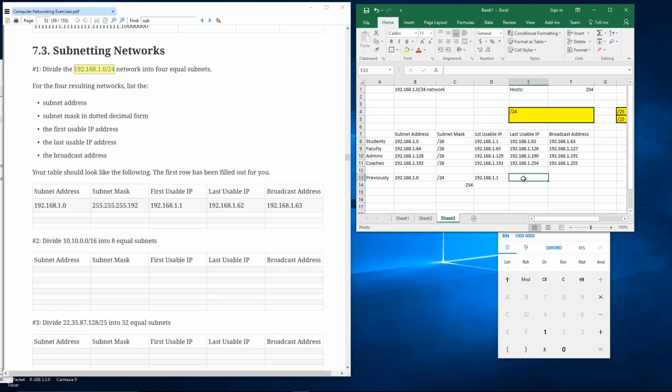I shouldn't have hit escape. 192.168.1.254. And my broadcast address is just the last usable IP plus 1, 192.168.1.255.